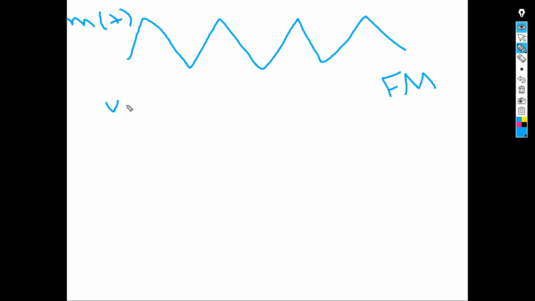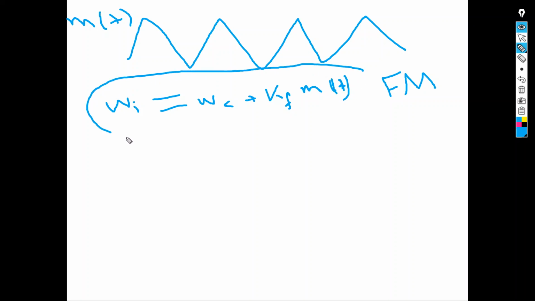You tell me the relationship between frequency and the message signal is something like this: omega i is equal to omega c plus kf m of t. Isn't this the equation? Yes. In frequency modulation, this is the equation.